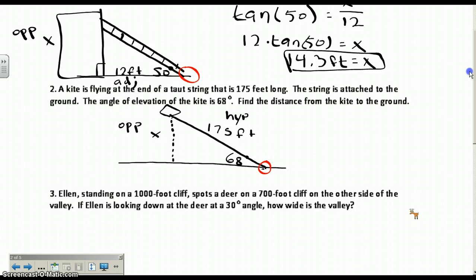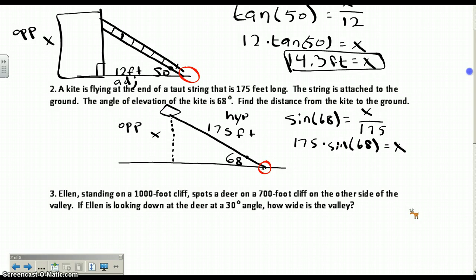Opposite over hypotenuse, that's going to be our sine ratio. So sine of 68 equals opposite over hypotenuse, x over 175. Multiply both sides by 175. Plug that in your calculator and you should get 162.3 feet. So I'm saying that the kite is 162.3 feet from the ground.